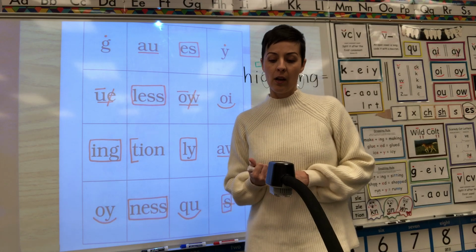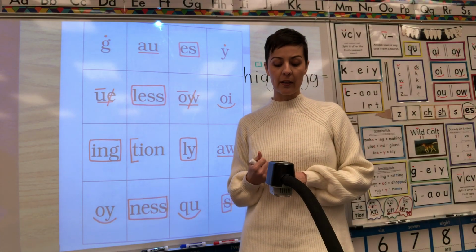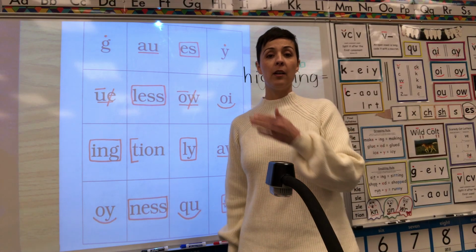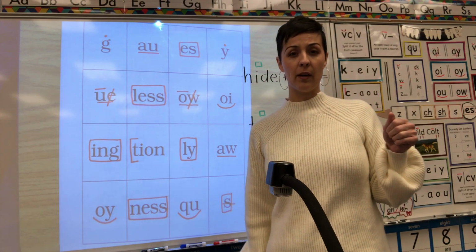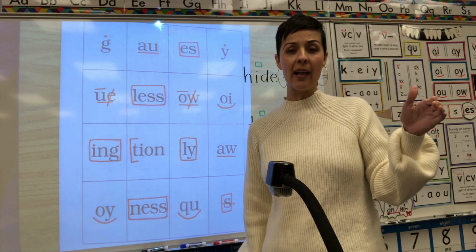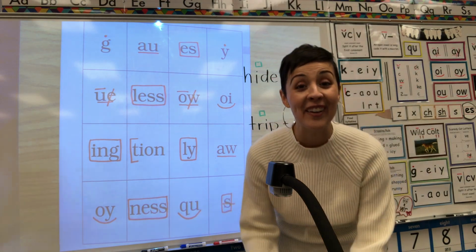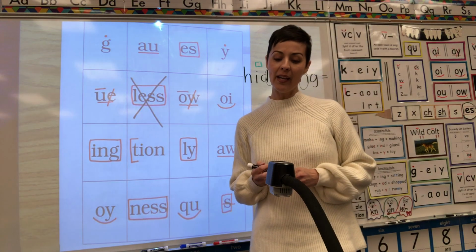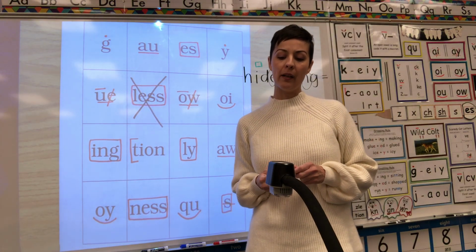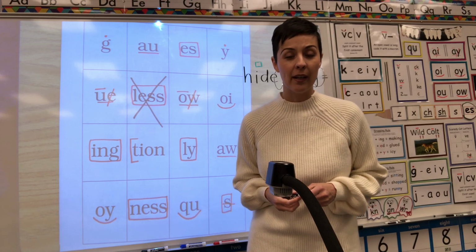Ready? Cross out for me, which suffix do you hear at the end of jobless? What suffix do you hear at the end of jobless? Say it if you know it. Suffix less. Ding, ding, ding. Next one, cross out for me the oi sound in coin.